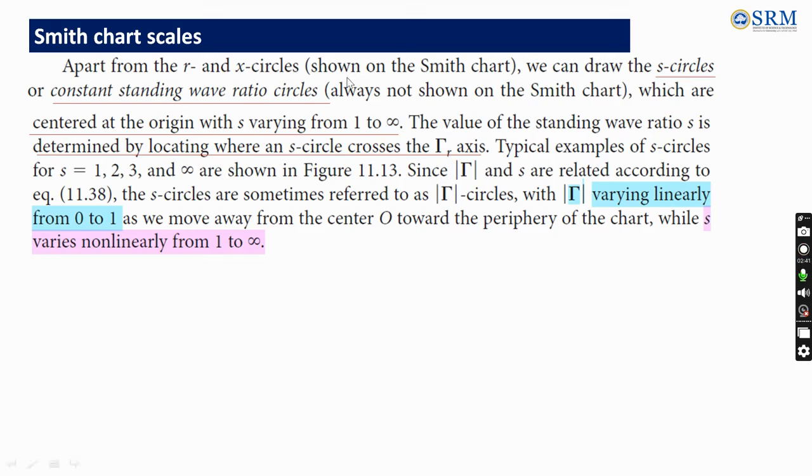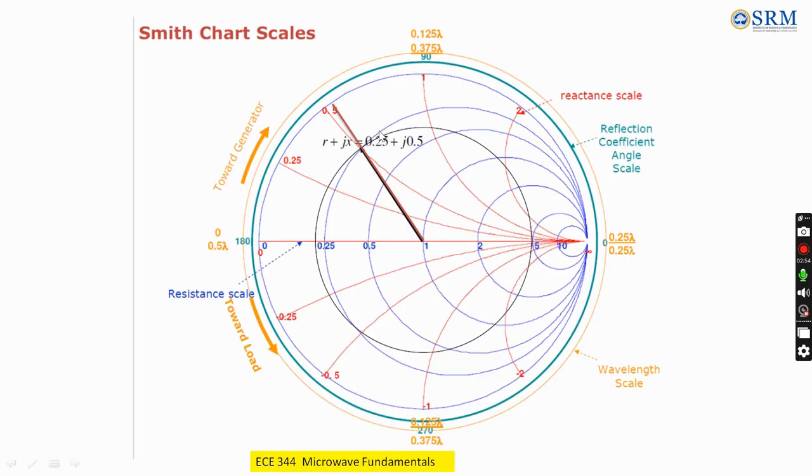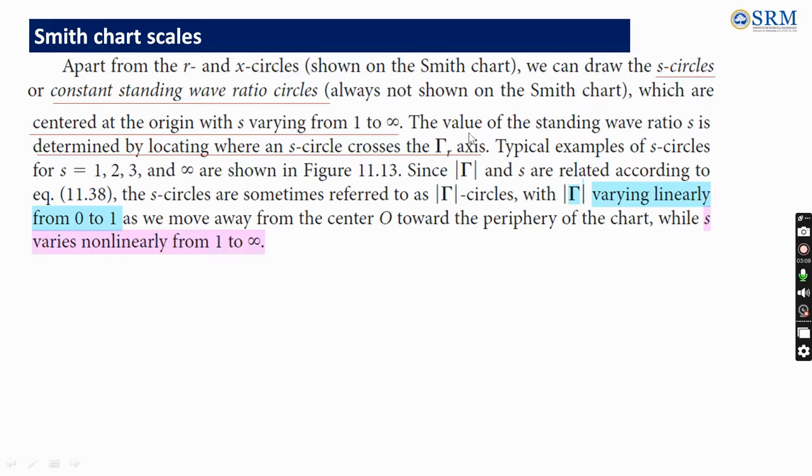Apart from the R circle and X circle, we need to draw the S circle, that is, the constant SWR circles. These circles have values ranging from 1 to infinity. At the origin, the VSWR value will be 1, and the outermost circle has an SWR value of infinity. And how do we determine the value of the standing wave ratio?